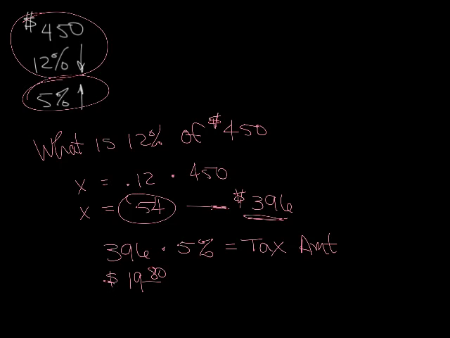So that's how much he's going to have to pay in sales tax. $396 is how much he's paying for the washer. So if we add both of those numbers up, the amount he pays for the washer and the sales tax, we get $415.80 he ends up putting on his Visa card. So that is example 6.